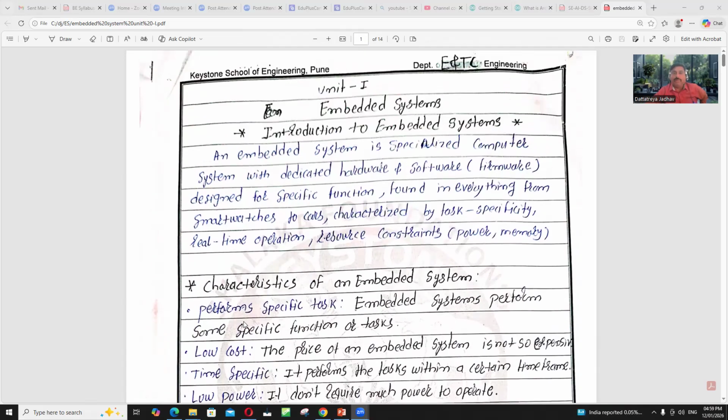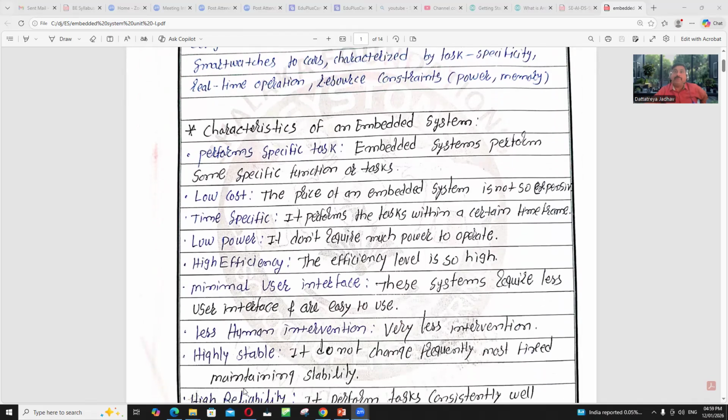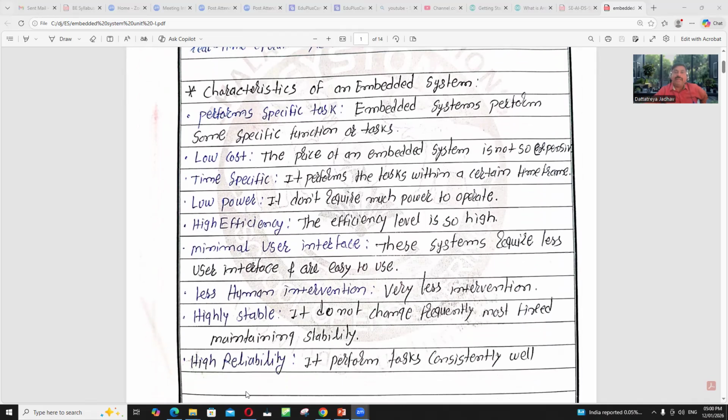So we learned the introduction to embedded systems. An embedded system is a combination of hardware and software used to do a specific task, conducting a number of operations. The characteristics of an embedded system are nothing but performance parameters. These parameters need to be present in a system, so they define the working of that embedded system.